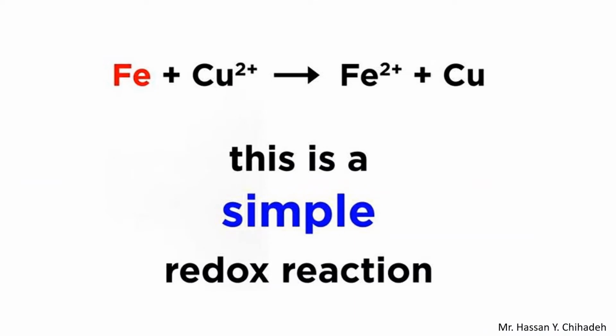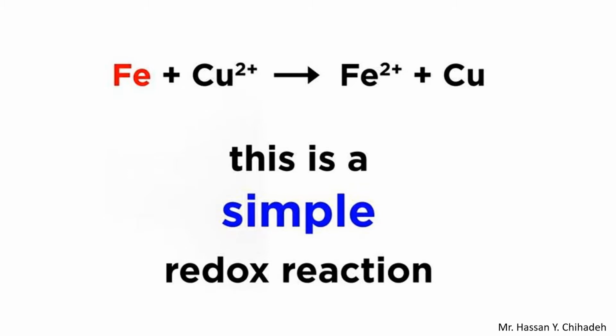Such reactions are considered to be simple with respect to their balancing. Such reactions can be balanced simply by balancing the electrical charge by adding electrons and coefficients if necessary.